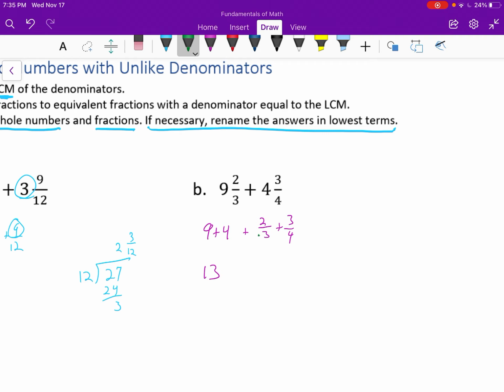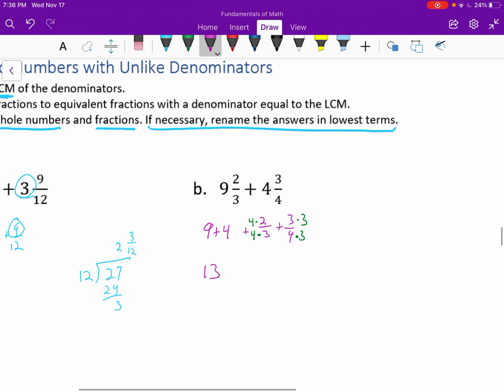Well, that's 12. So to get 3 to be 12, we have to multiply by 4. And if we multiply the bottom by 4, we need to multiply the top by 4. Over here with a 3/4, to get 4 to be 12, we need to multiply by 3. So we need to multiply the top by 3. So we're renaming those fractions so they're like fractions.